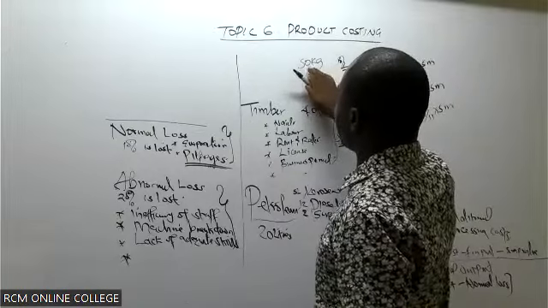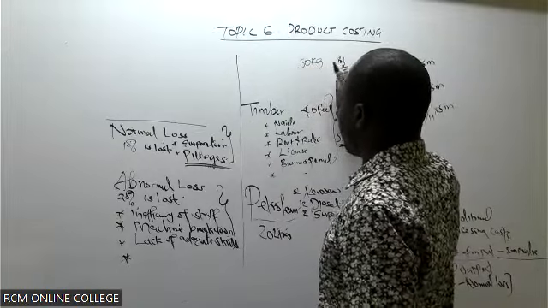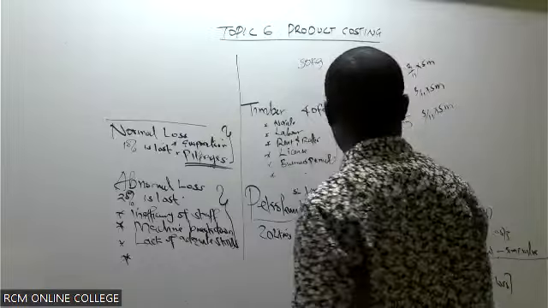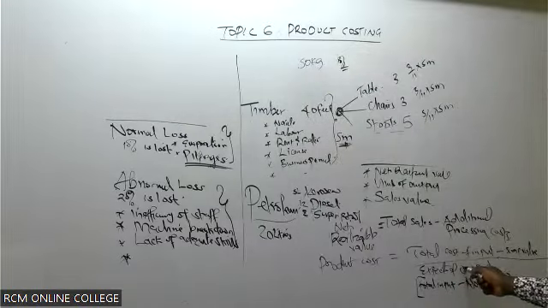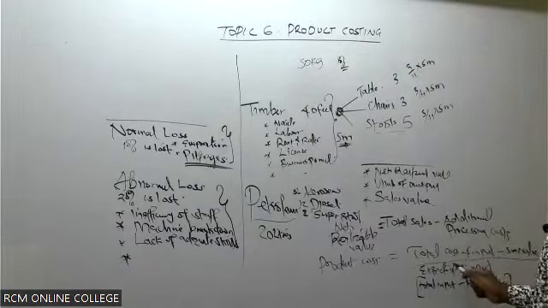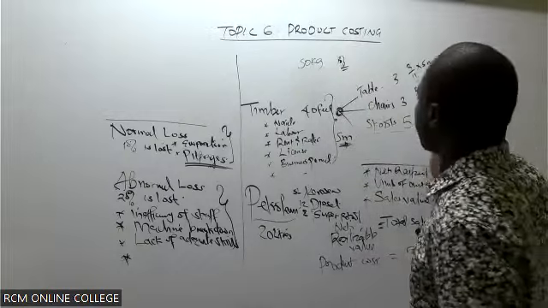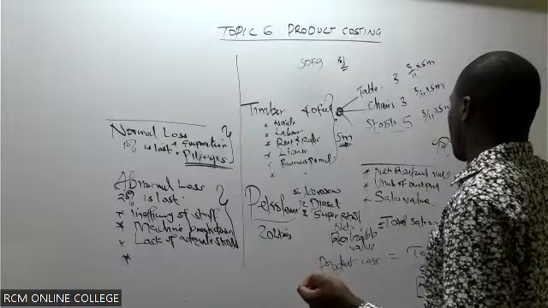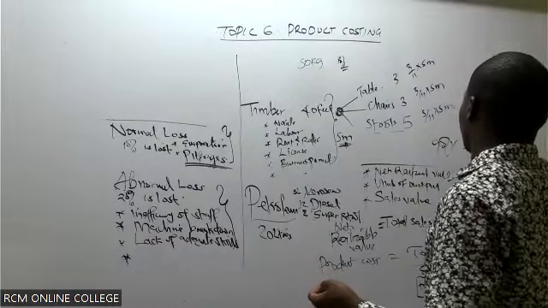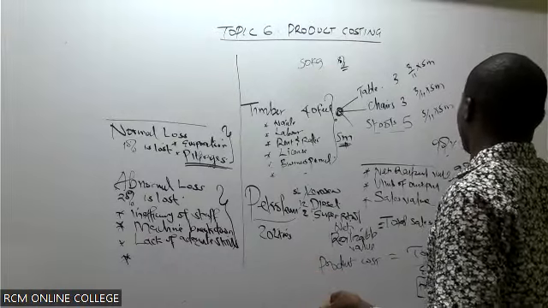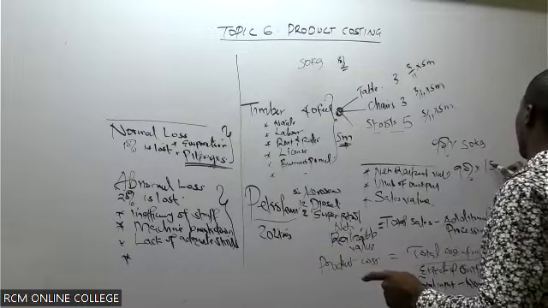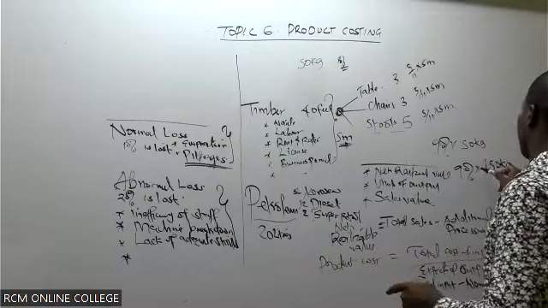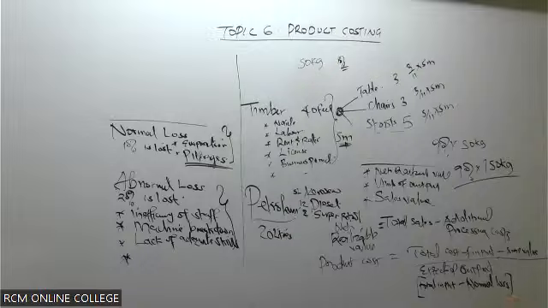So if I reduce 50 kg by 10%, my expected output will be 90% of any input that the company will be bringing in for production.